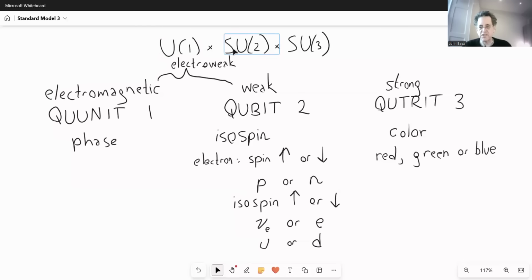There's actually another way to stuff the group U1 into U1 times SU2, and that is the one that's relevant to electromagnetism. I'll get into that much more. That's very tricky, and that's really where the Higgs boson enters the scene, which is a more advanced topic than we're doing today.